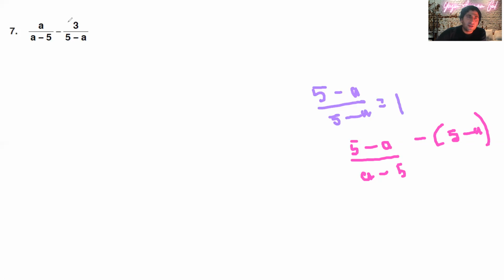So if I do that, then it's going to be negative 5a, right? Then negative times negative, which is going to be positive. That's why I'm going to say that this is 5 minus a, so I multiply with a negative sign, and that negative sign I'm going to multiply with this as well, because you see here it's a negative sign. Negative times negative is going to be positive. Then if that's positive, what's going to happen? A minus 3 in this case.